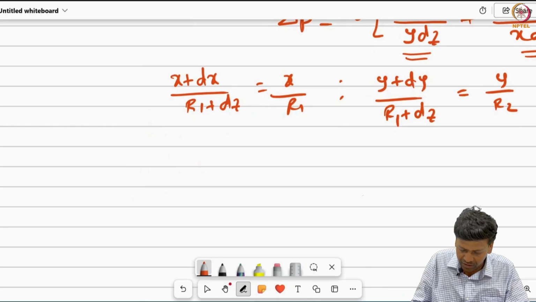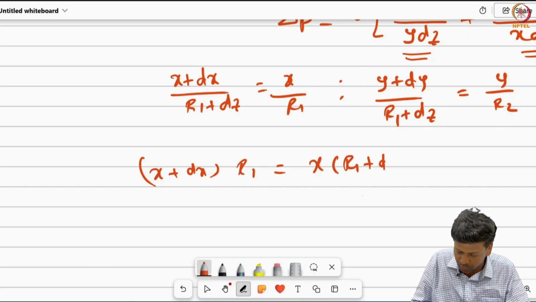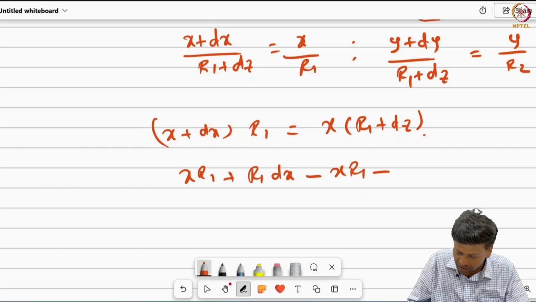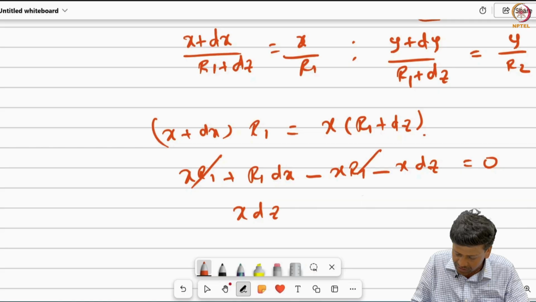If I simplify this, I would get x plus dx into R1 equal to x into R1 plus dz. Simplifying, I would get x R1 plus dx R1 minus x R1 minus x dz equal to 0. x R1 can be cancelled, so x dz is equal to R1 dx.